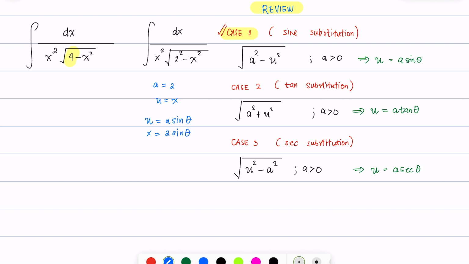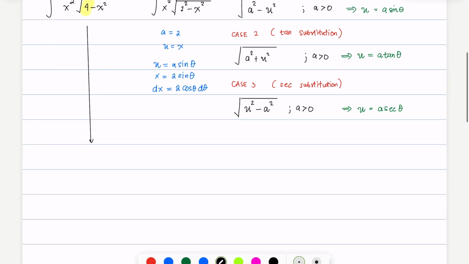Now, this implies that dx is simply 2 cosine theta d theta, since the derivative of sine is cosine. Since we're doing trigonometric substitution, the integral will be rewritten in terms of theta.